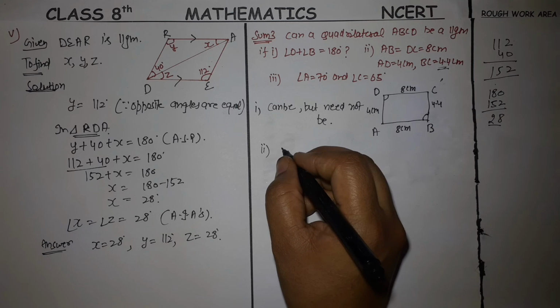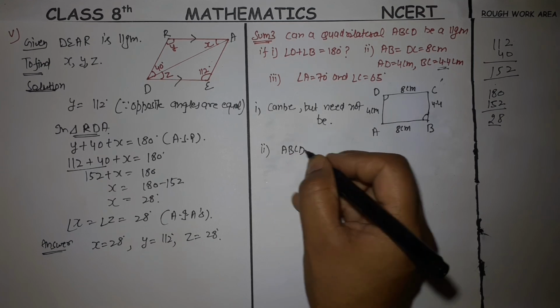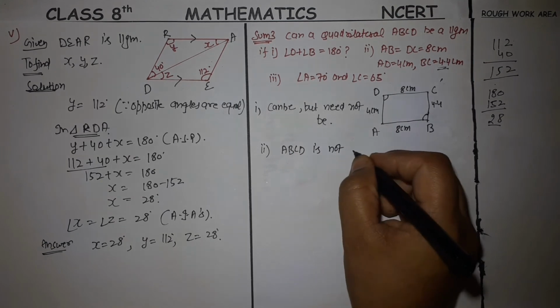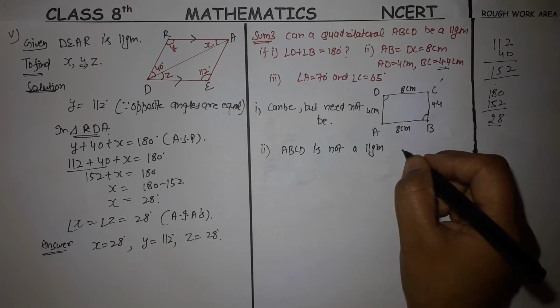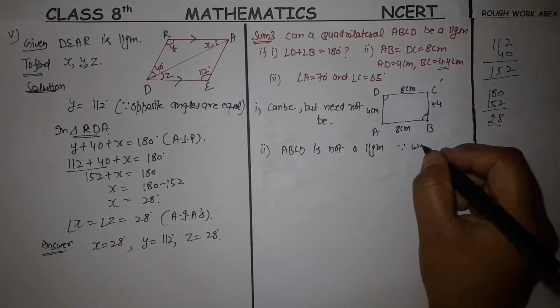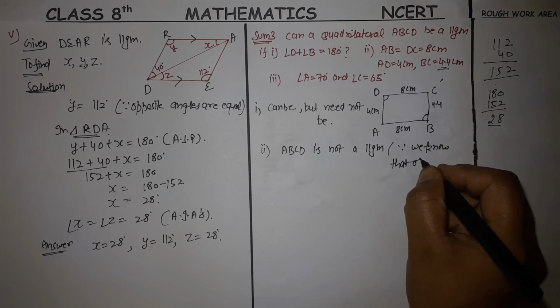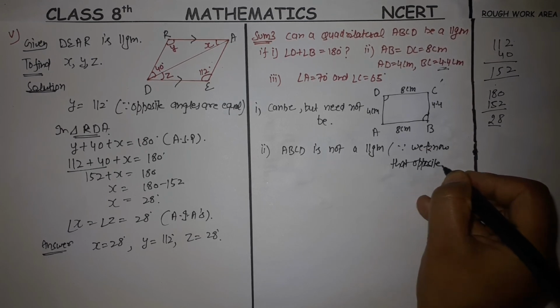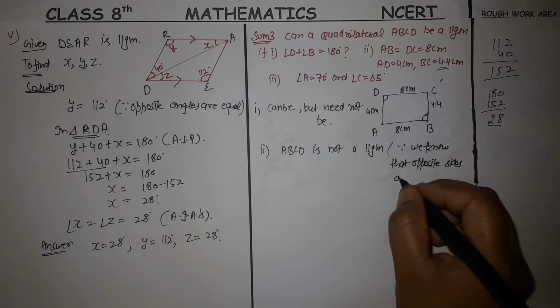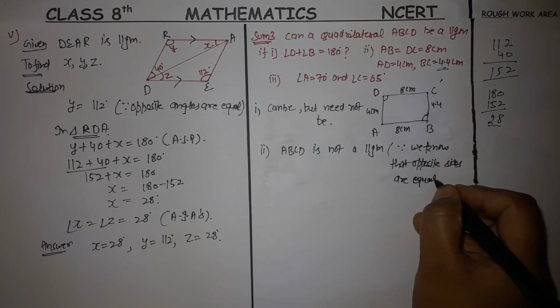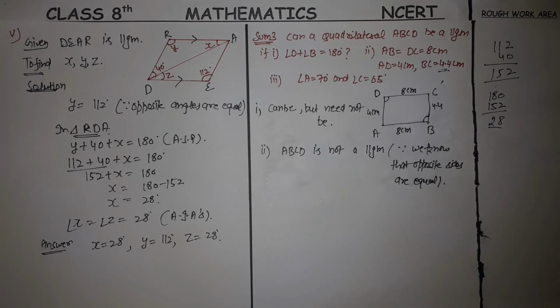Write down here: ABCD is not a parallelogram because we know that opposite sides are equal.